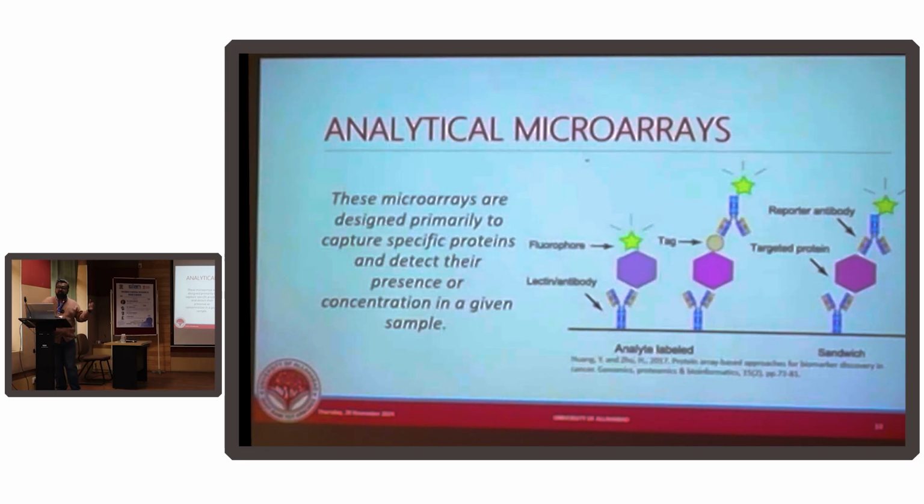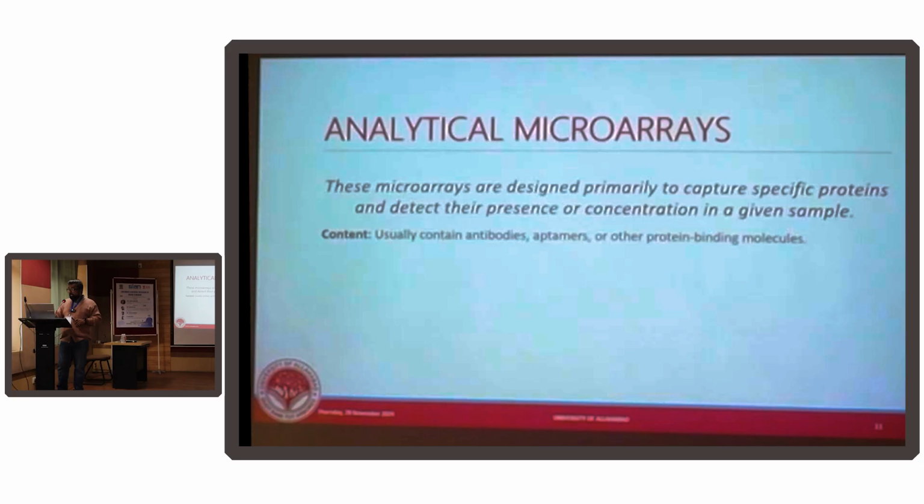So a faint signal means your target protein was present, and a bright spot means your target protein was absent. So this is how analytical microarrays work, and these are specifically designed to capture specific proteins, detect their presence, and also sometimes, if you can standardize it well, it can give you a concentration in a given sample.